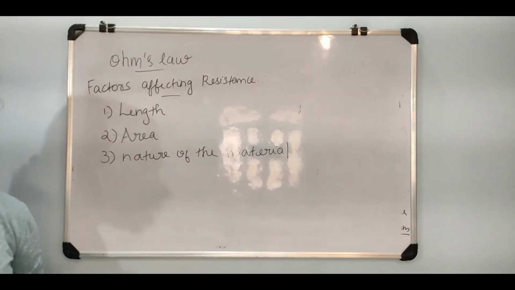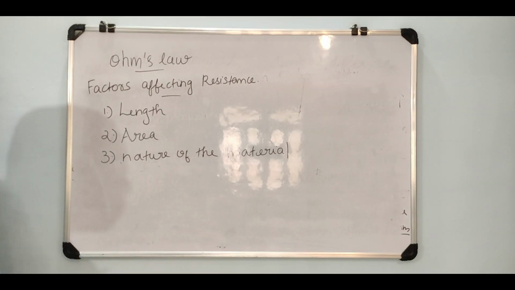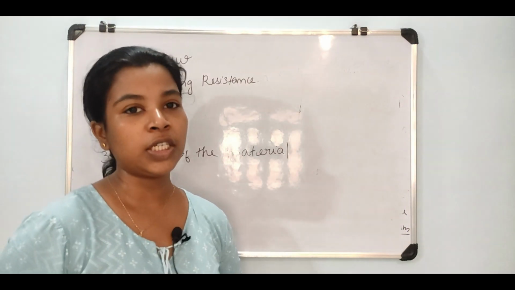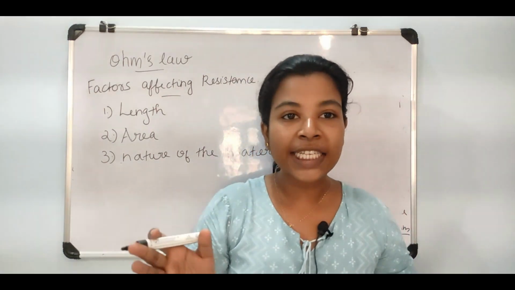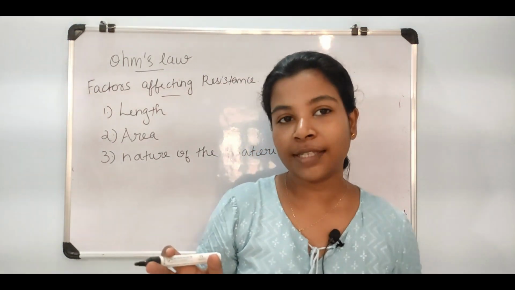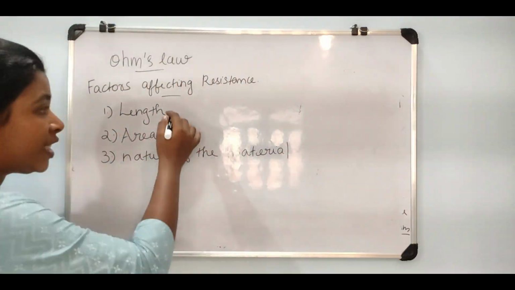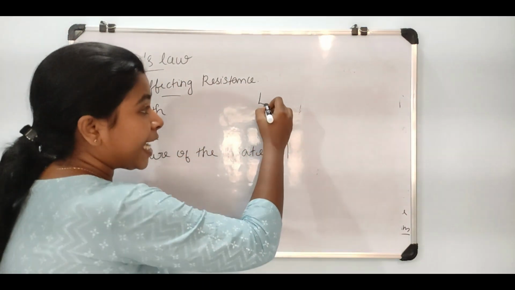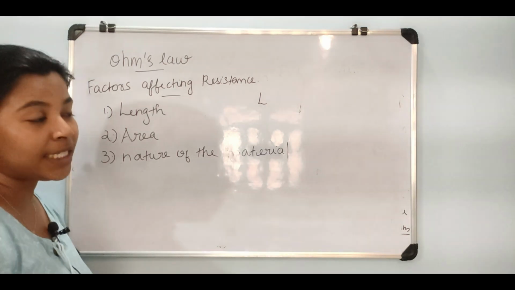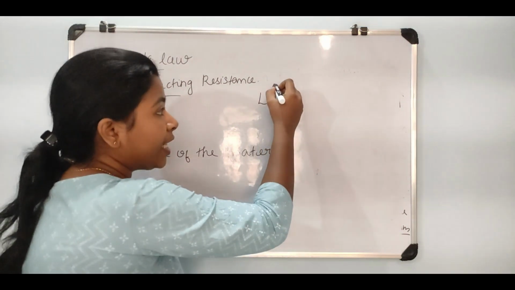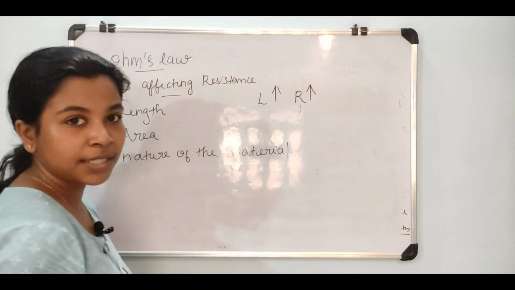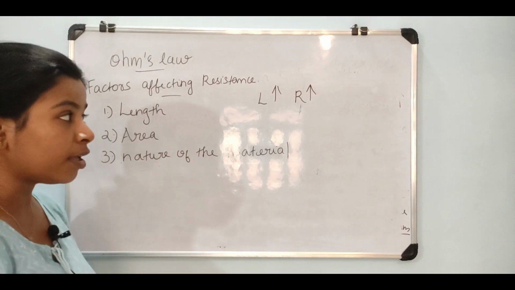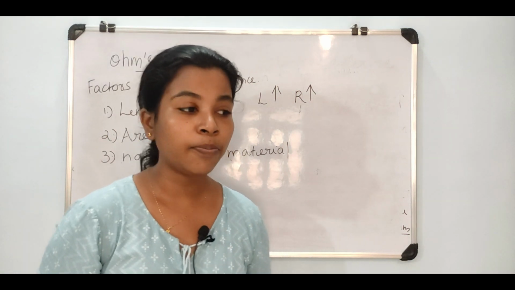Okay. Now, let's see what happens with length variations. If the length of the conductor is increasing, what happens to the resistance? See, in the first case, the length is directly proportional to the resistance. When length increases, resistance increases. Followed. Okay, for you to understand, I will tell an example.